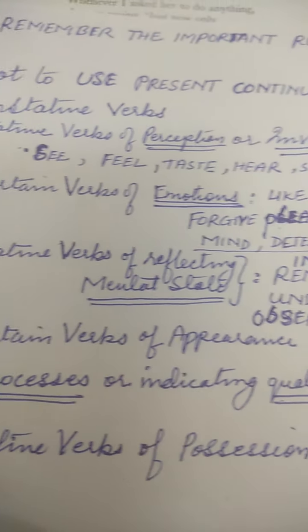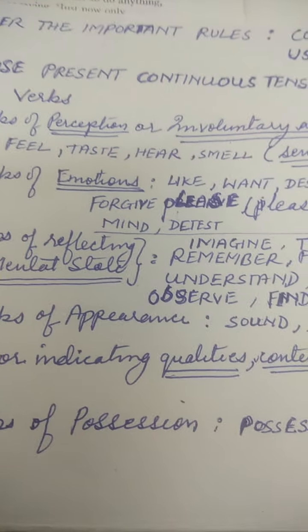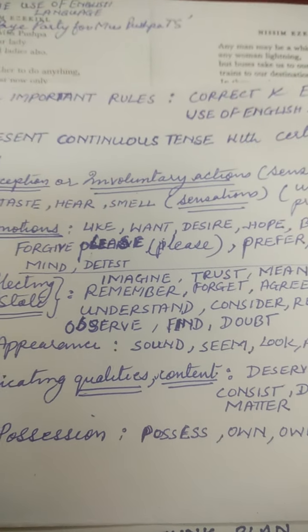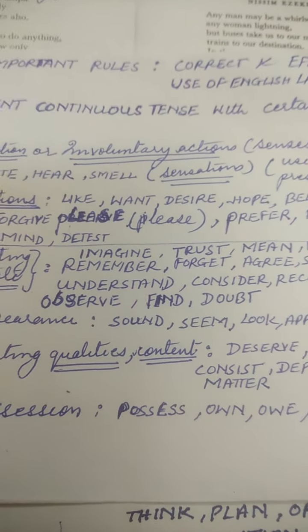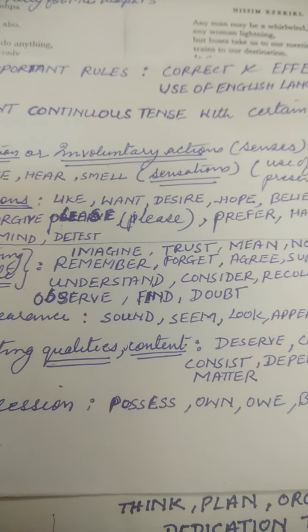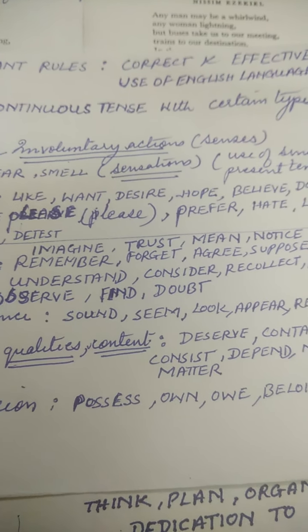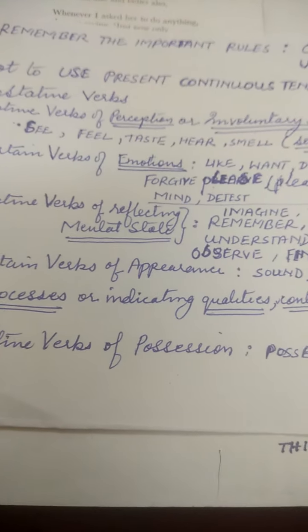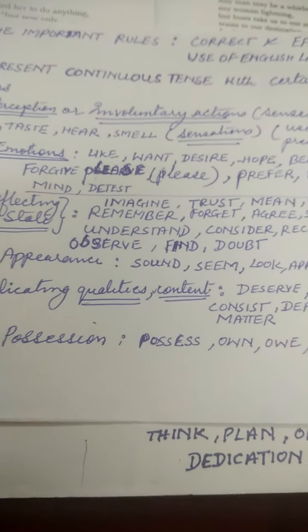So we have stative verbs reflecting mental state. If somebody puts up this question, you should be able to answer it. And even when you make use of it, the use must be correct as well as effective. Then we have verbs of appearance.